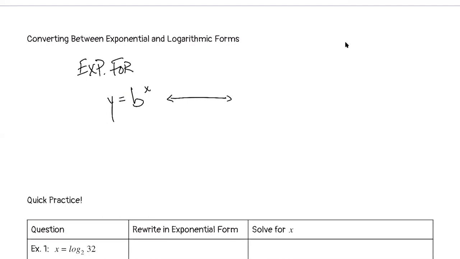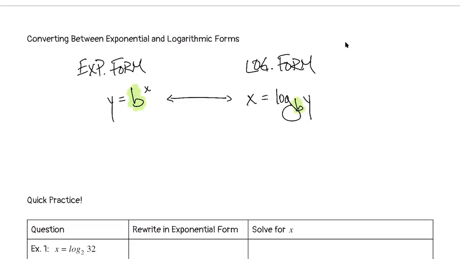This is the exponential form. The log form, which we kind of talked about, is going to be x equals, because we're solving for the x, log base b of y. So the base in the exponent is the base in the log form.